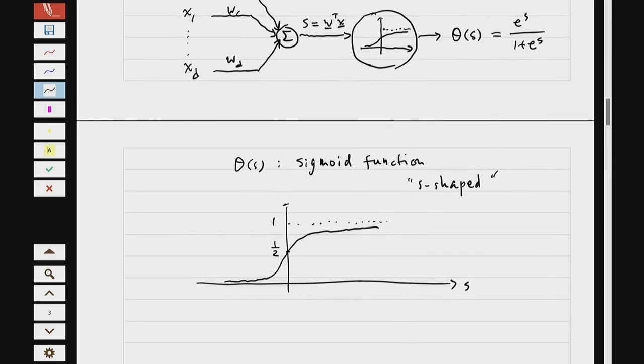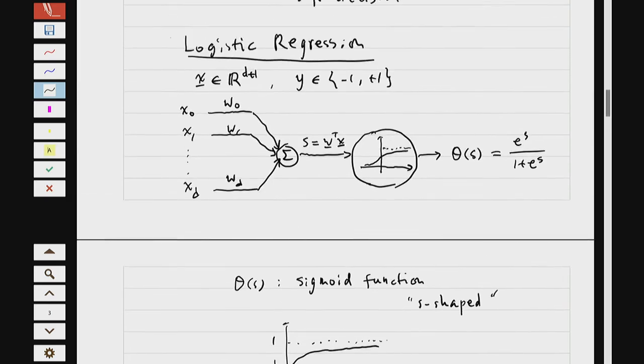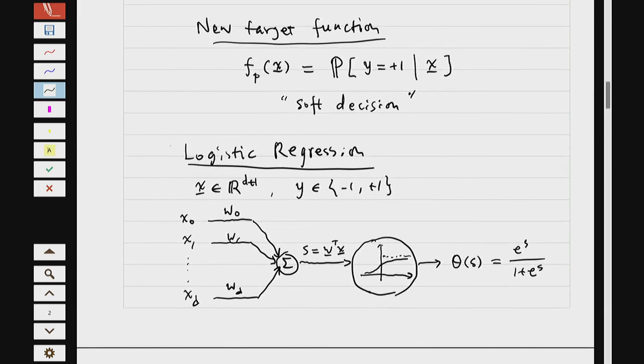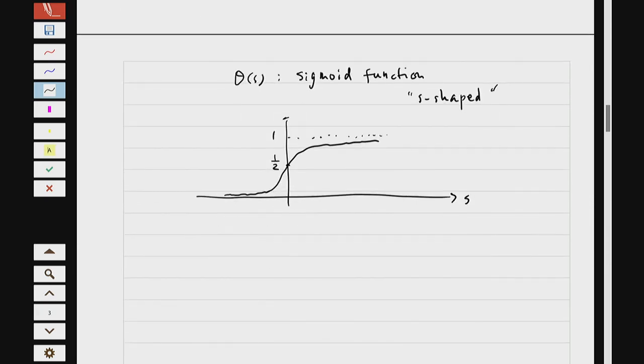Basically what we're saying is that this would be our guess for the probability we want to see. Remember our objective function? The new target function is the probability. Now we're saying that this is our guess for that probability. Therefore our hypothesis, or our learning model, or our decision rule, all different names, they all mean the same thing.